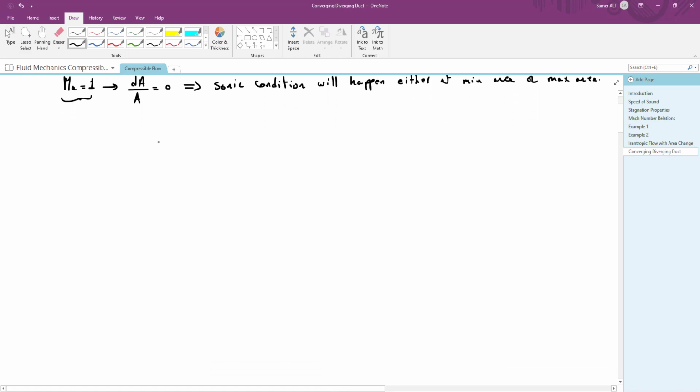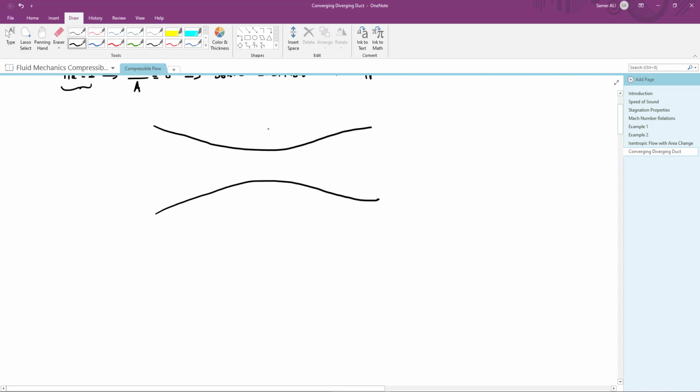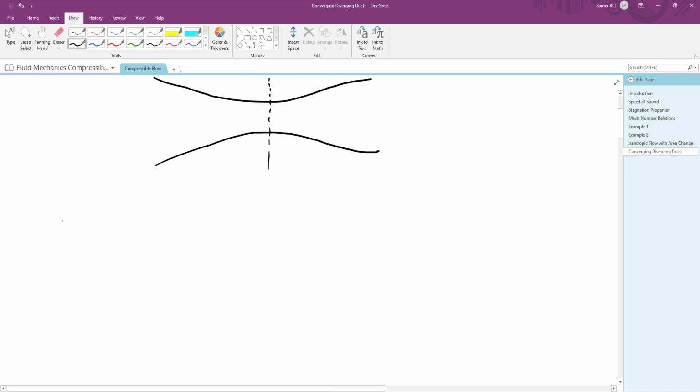So let's start with the converging section followed by a diverging section. You can see that for a converging diverging duct we have this location where the area is minimum. So this is the minimum area, and we can call it also the throat of the converging diverging duct. And we will take two cases.